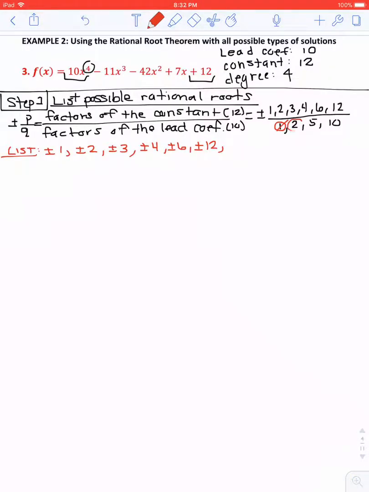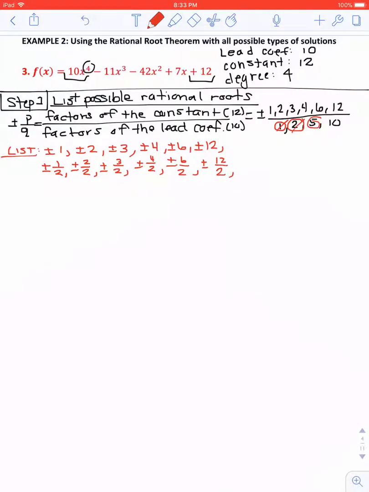Alright, I use the denominator of 1. Now I need to put all of those numerators over the denominator of 2. So I have 1 half, 2 over 2, 3 over 2, 4 over 2, 6 over 2, right? So those numerators keep that same pattern, but I have a new denominator, 12 over 2.